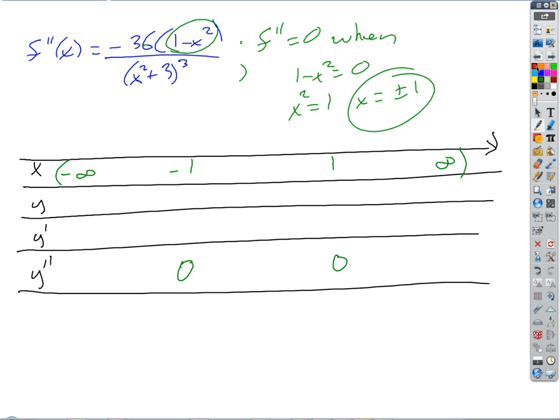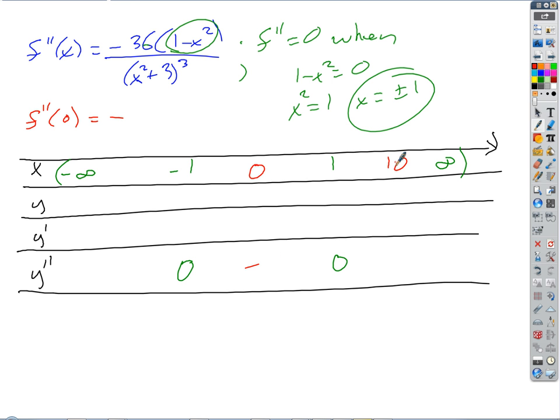Test points. Let's evaluate the sign of f double prime of 0. That's negative times positive, divided by positive, which is negative.